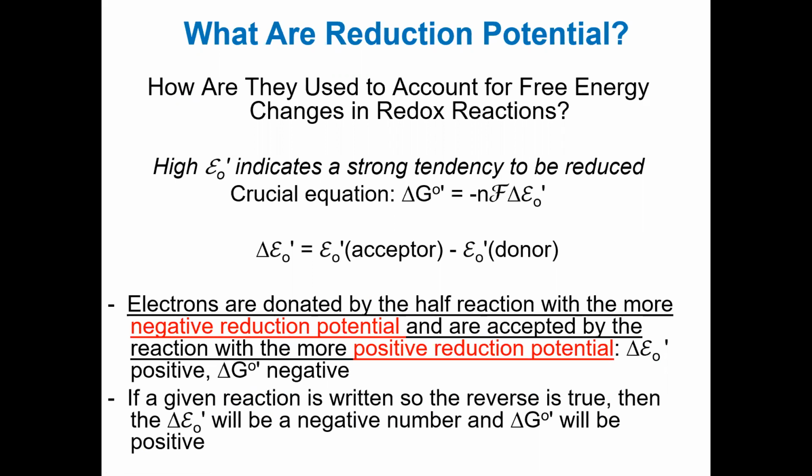When you write your redox reaction as two half reactions, as reduction reactions, then you have one thing to worry about: you always look at standard reduction potential.